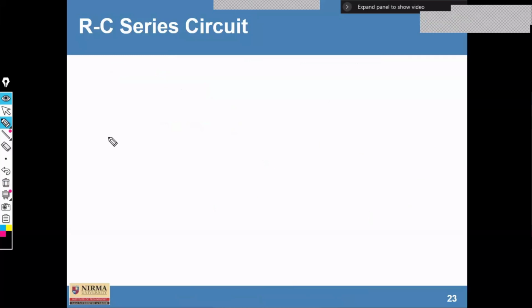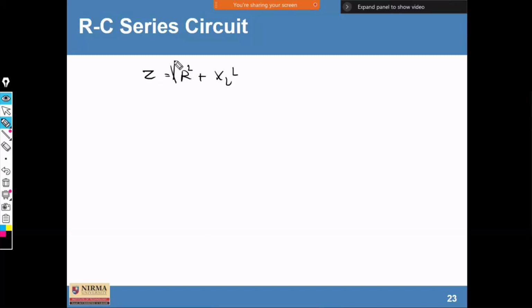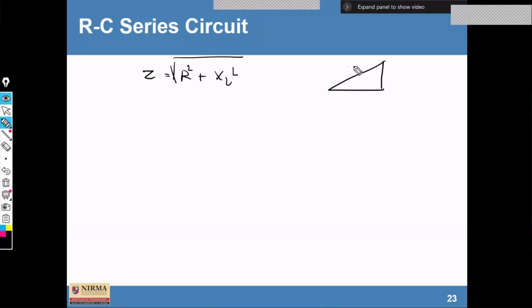Now we can represent the impedance Z is equal to R plus XL. Fine. The meaning is we can represent these components like this, and this 90 degree, sometimes we can write j also.